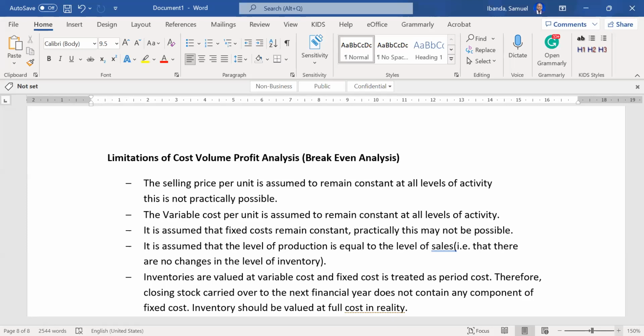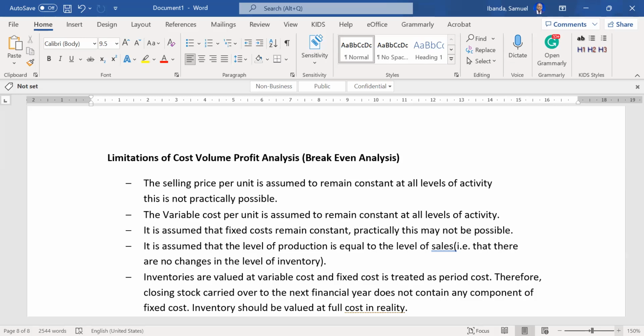That's the assumption. But we know very well that we live in an economy where prices keep on changing, even for fuel, it keeps on changing. So the CVP model is not applicable where there are constant price changes. It's only applicable when the price is the same.